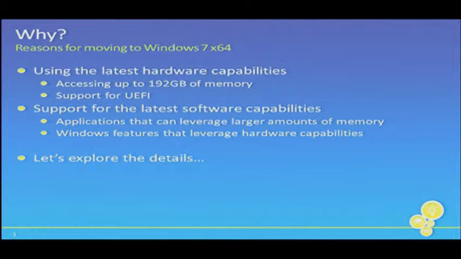Initially you say, well, let's move to Windows 7 x64, and then later maybe we'll come across some software that we want to install that would leverage that. Initially, probably not. You'll still probably run mostly 32-bit applications on a 64-bit OS.